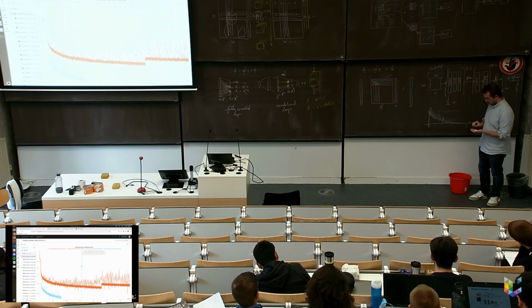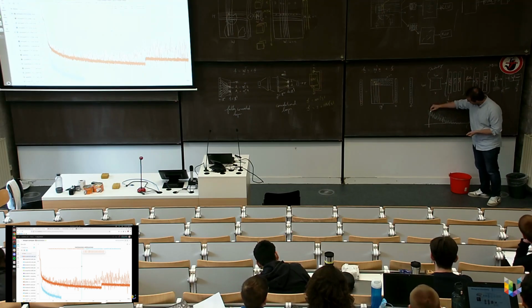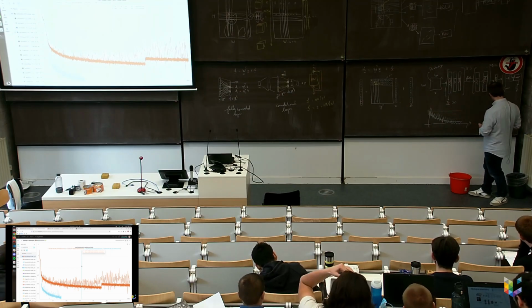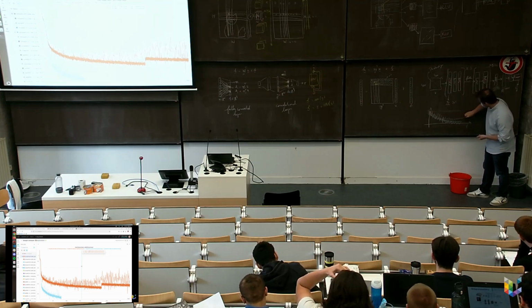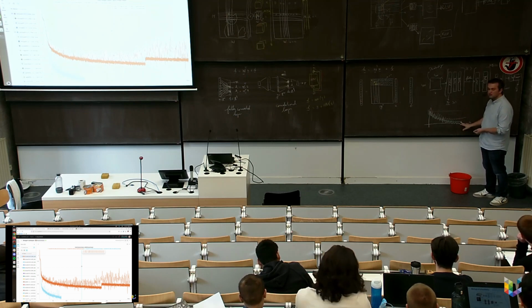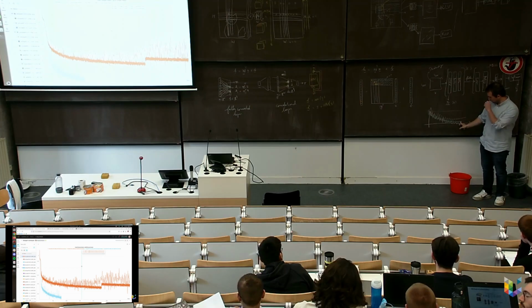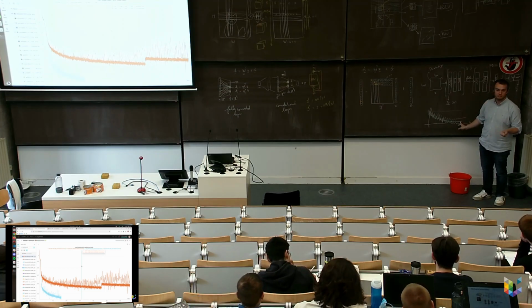Now you reach some performance like this. Let's say this is validation. But this is not good enough for you. I don't know, the accuracy is only 70% and you think you can do better. What do you do?